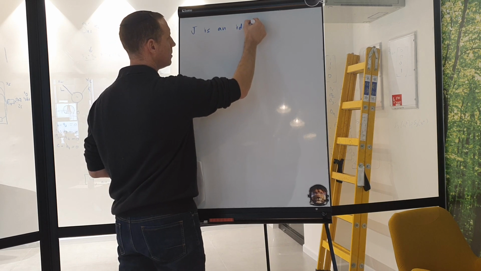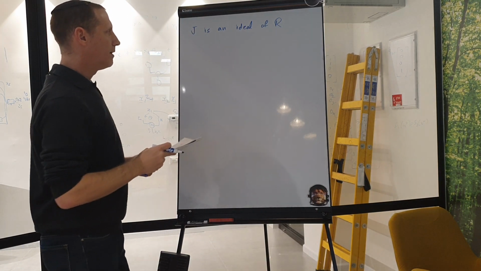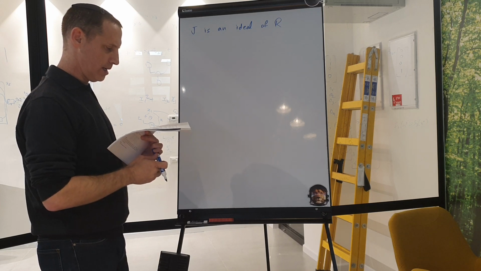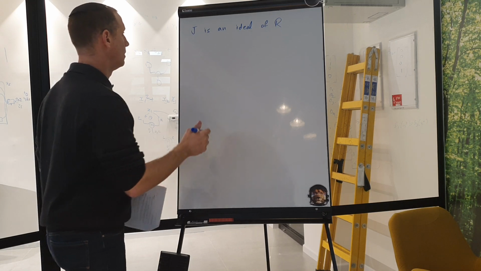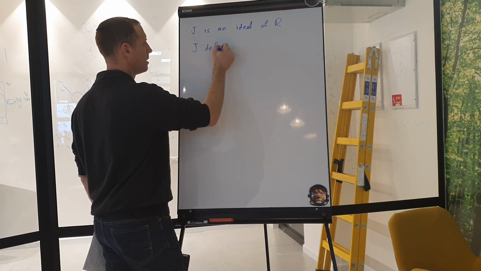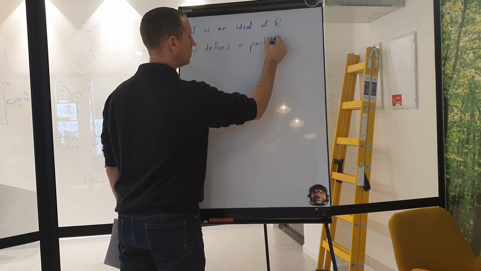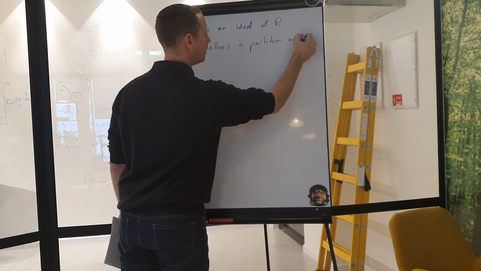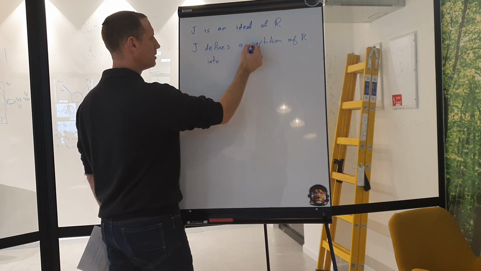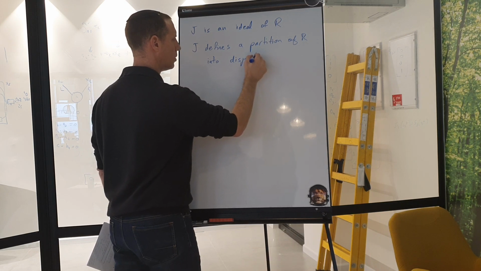ideal of R. Okay. So if J is an ideal of R, J actually defines a partition of R into, since it's a partition, it's disjoint, but we'll say it explicitly, disjoint cosets.